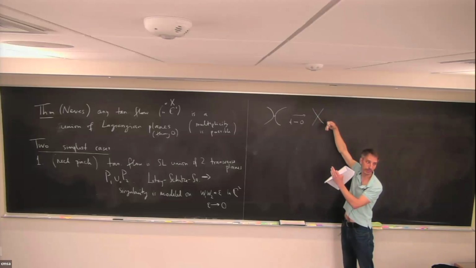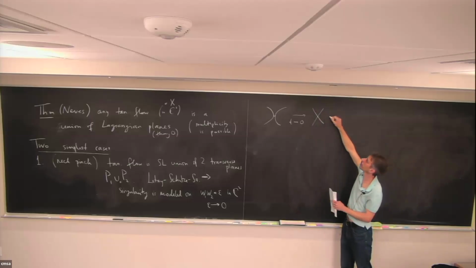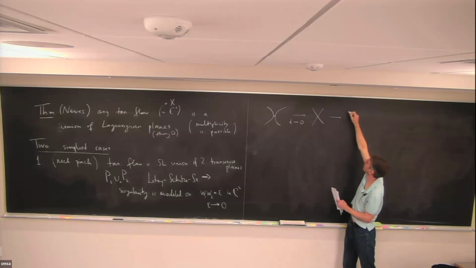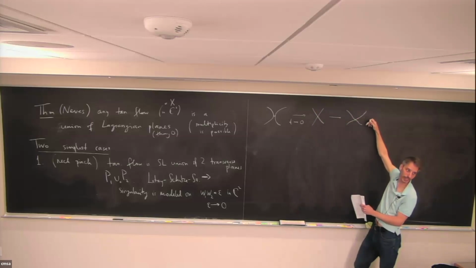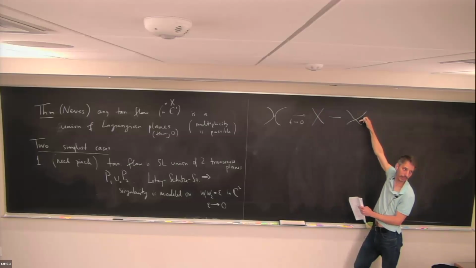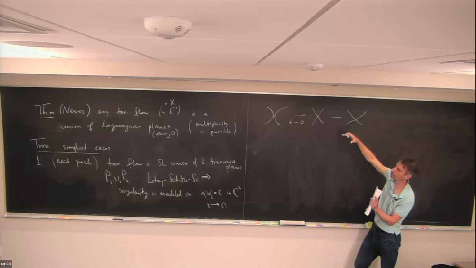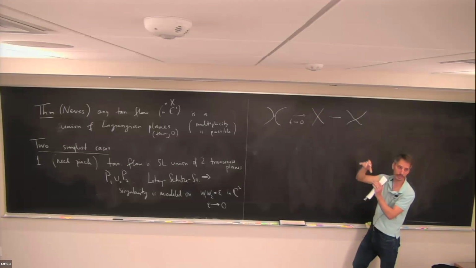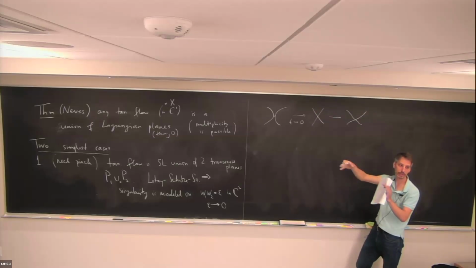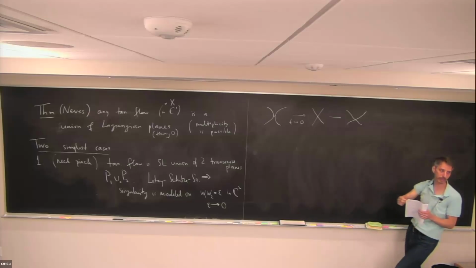So you can continue the flow as an immersed Lagrangian. At least locally, these two pieces can keep evolving, and you still have this intersection. So the picture you should have in mind is that if you start with a two-sphere and you do this to it, then now you'll have two spheres. And this is the basic mechanism for breaking up into many pieces.